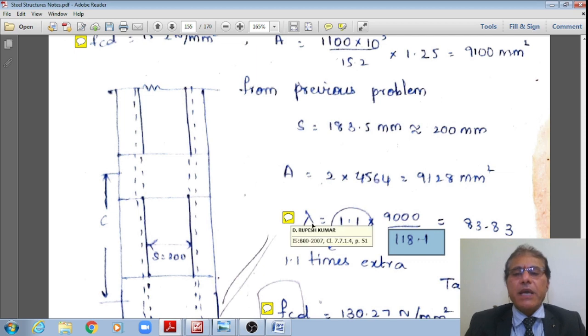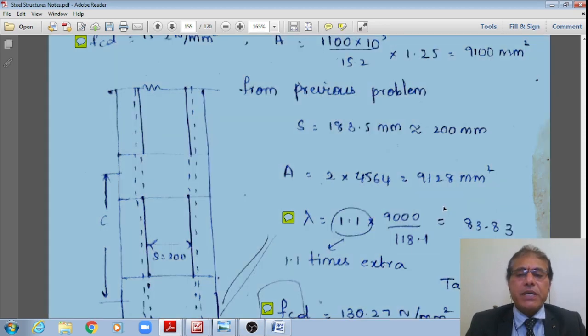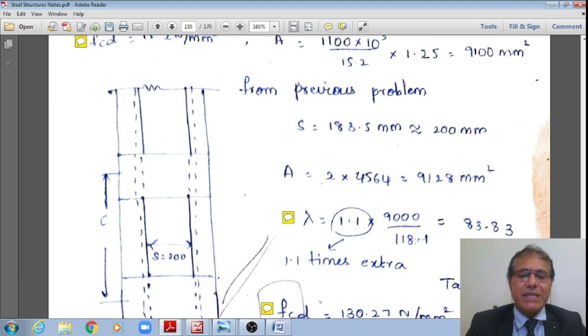However, please make a note that for a built-up section, the design is such that Ryy for the built-up section shall not be less than Rxx. Means for the built-up section, Ryy is greater than Rxx, means Iyy is greater than Ixx.